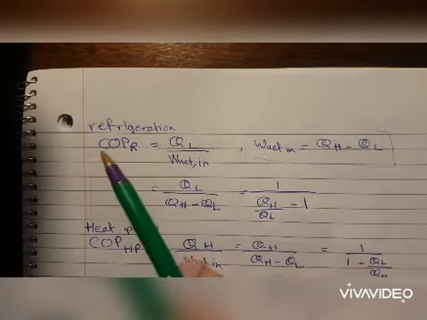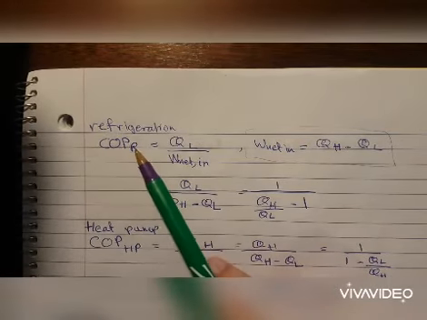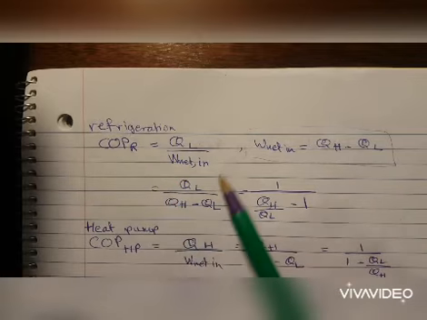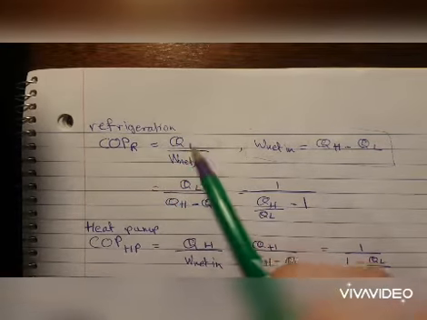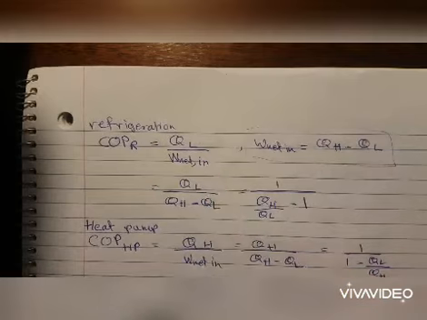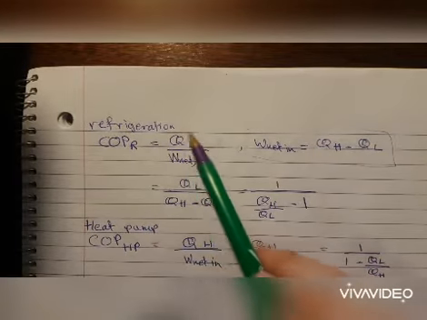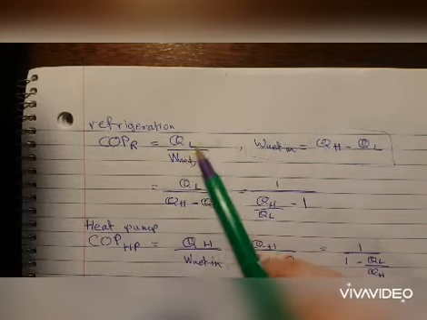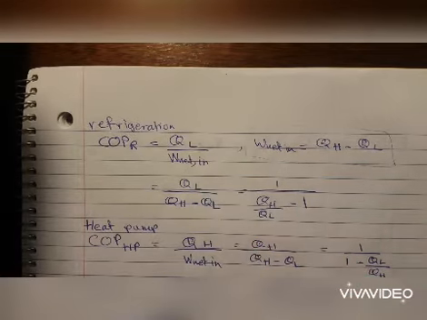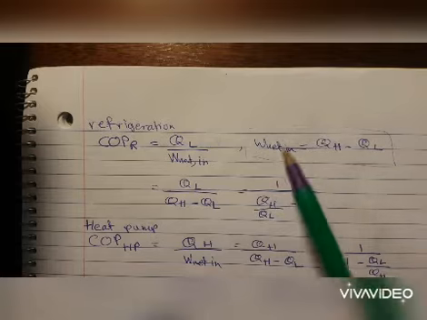The coefficient of performance for refrigeration is basically asking what we are really interested in. In refrigeration, we're concerned about the QL, the heat at the low reservoir, which is inside our refrigerator, the area that we want to keep cool.